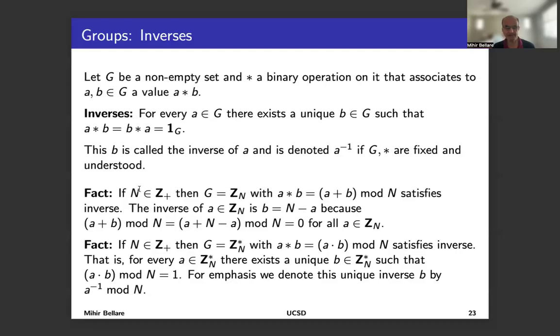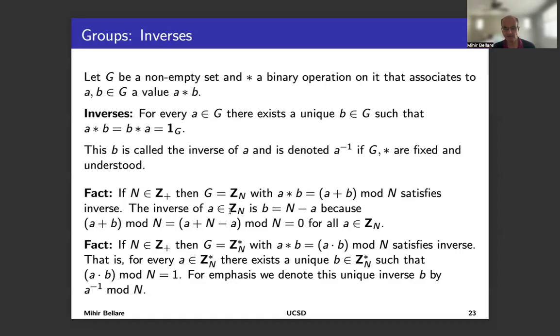So what are these things? Well, again, we check our examples. If n is some positive integer and G is Z mod n, and our operation is addition mod n, then what is the inverse? Well, if I'm asked for the inverse of A, what I want is something which, when added to A, gives me back the identity element. But we said that the identity element in this group was 0. So something which, when added to A, gives me back 0.